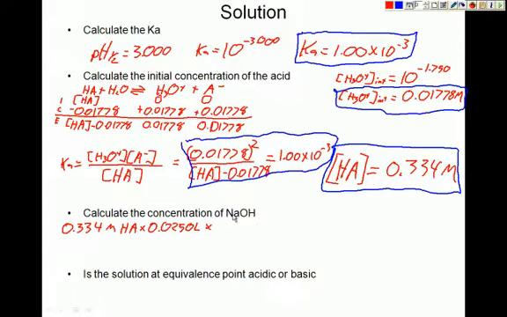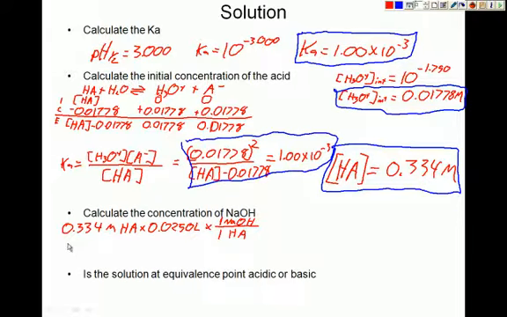Since it said a monoprotic acid, it's going to be a 1-to-1 ratio, because one hydrogen is going to react with every one OH. So a monoprotic acid is going to have a 1-to-1 ratio with NaOH: 1 NaOH is equal to 1 of our monoprotic acids.